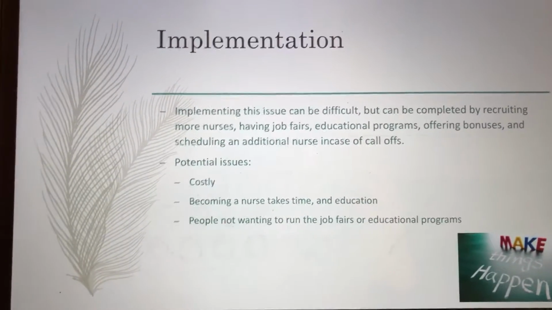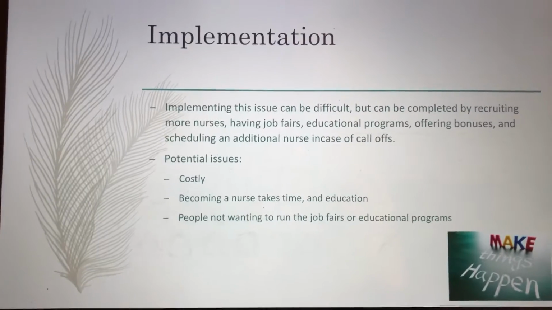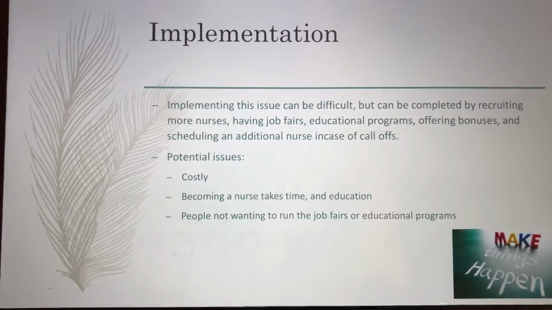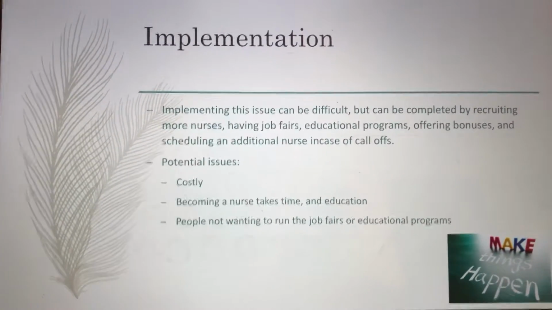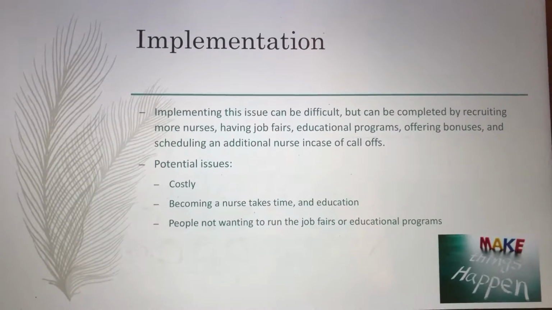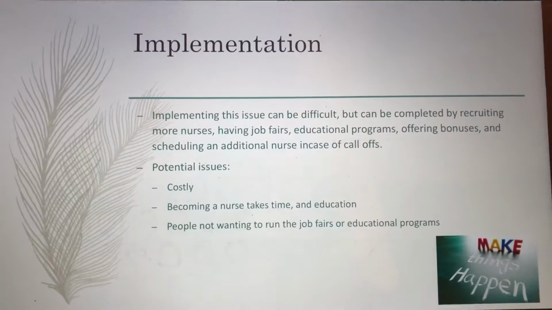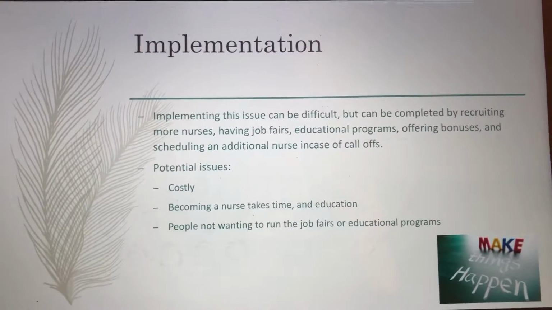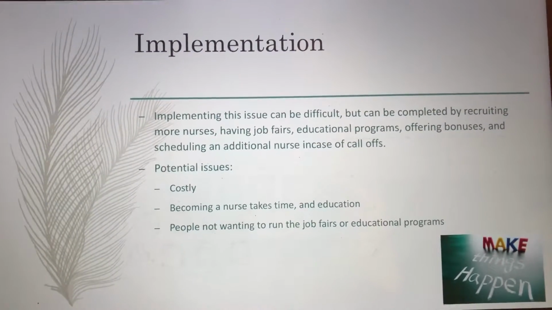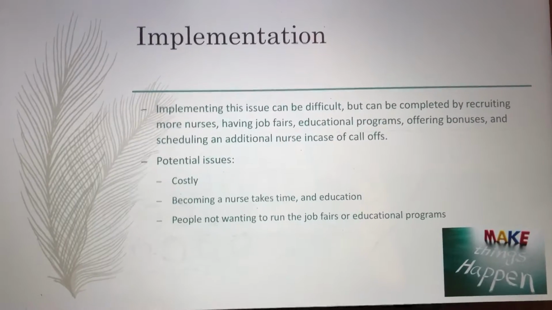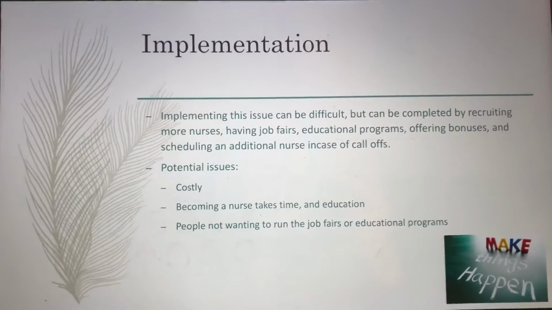So I know it can be costly to offer bonuses or schedule that additional nurse, but I think it's really important because we're going to be paying for poor patient outcomes and lawsuits if mortality is occurring. So I think putting an extra nurse there would be really important.